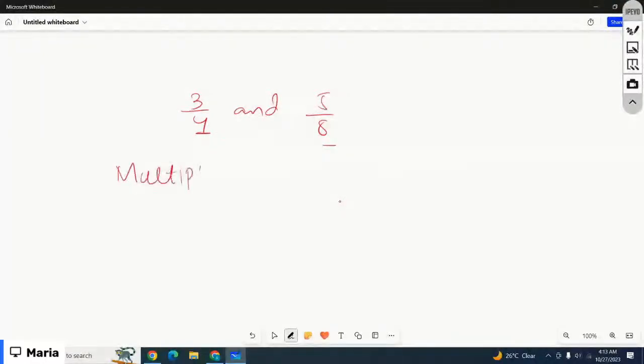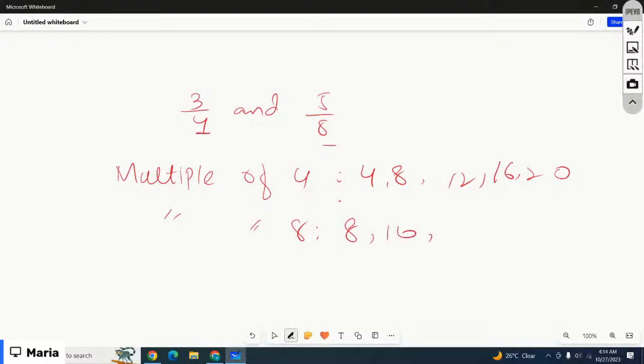So let's start with the multiples of 4 and 8. 4 times 1 is 4, 4 times 2 is 8, 4 times 3 is 12, 4 times 4 is 16, 4 times 5 is 20. 8 times 1 is 8, 8 times 2 is 16, 8 times 3 is 24. So the smallest common number is 8. So that means the least common multiple of 4 and 8 is 8. Got it? So the correct option is 8.